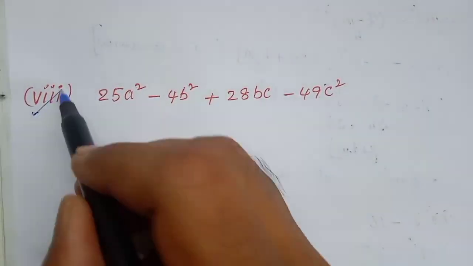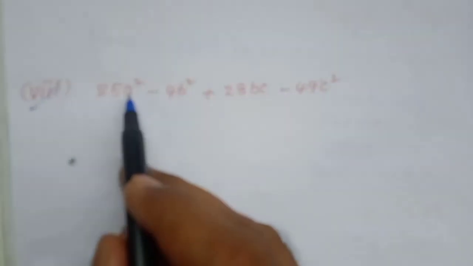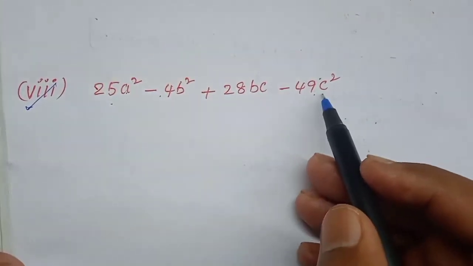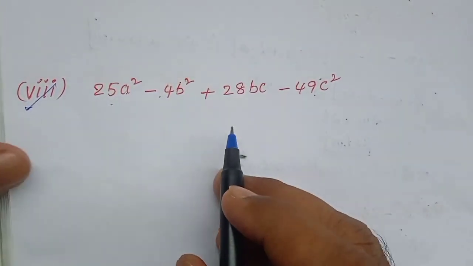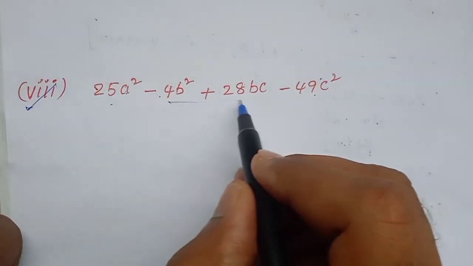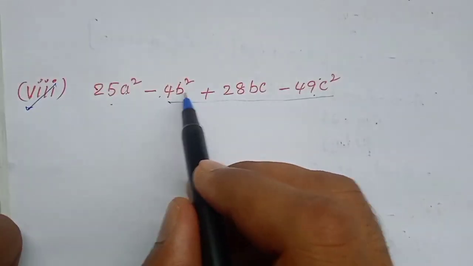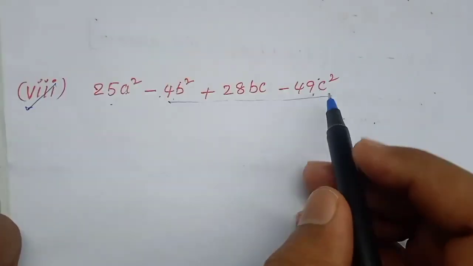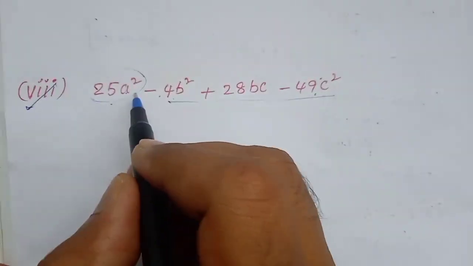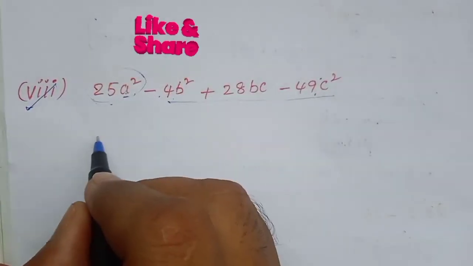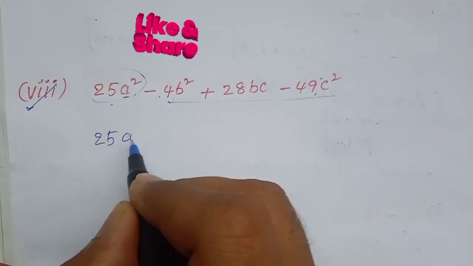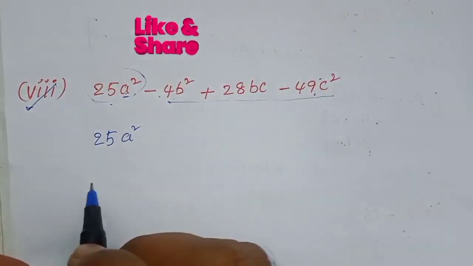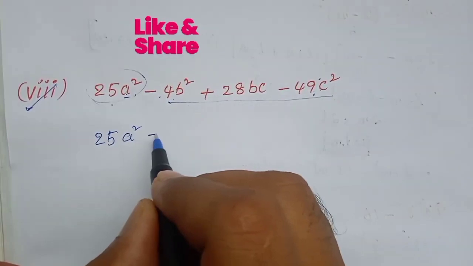Now see the question number 8. 25a square minus 4b square plus 28bc minus 49c square. See, దీన్ని కాస్త రీఅరేంజ్ చేసుకుందాం. సీ కంప్లీట్ ఈక్వేషన్ గమనించండి. This is in terms of b and c, and the first term and last term expressed as perfect squares, and this is one term containing only a. సో దీన్ని సపరేట్గా తీసుకుందాం. 25a స్క్వేర్. మరి ఇదంతా కూడా మనకు a minus b whole square ఫామ్లో కొద్దిగా అరేంజ్ చేసుకోవచ్చు. దట్స్ వై మనం ఇక్కడ మైనస్ కామన్ అవుట్ చేస్తాం.